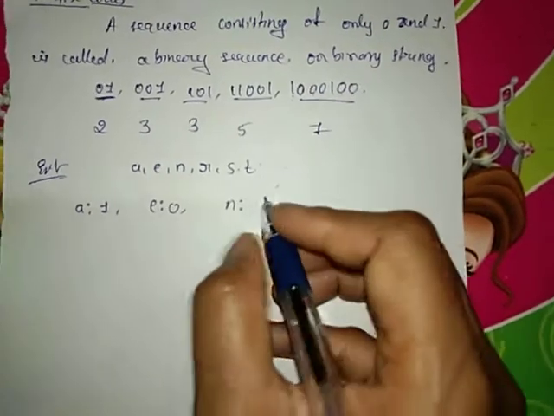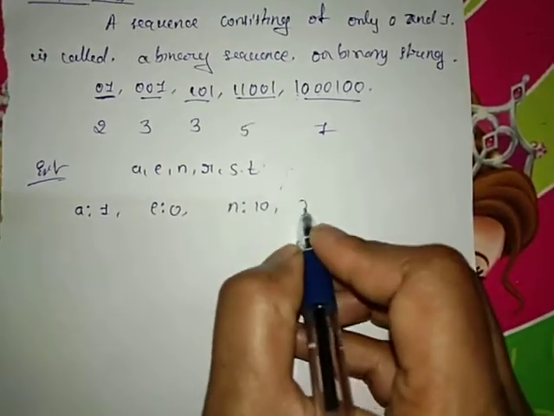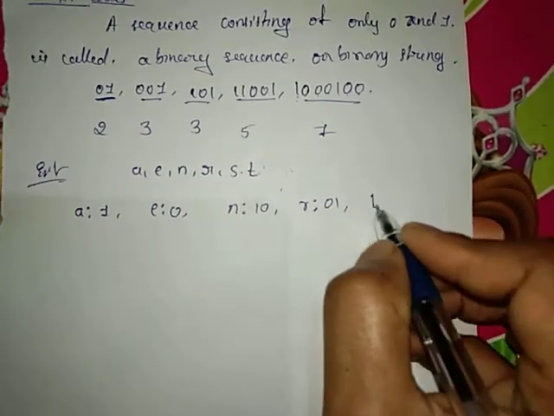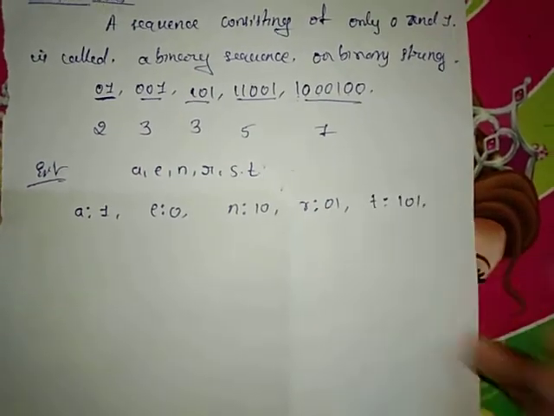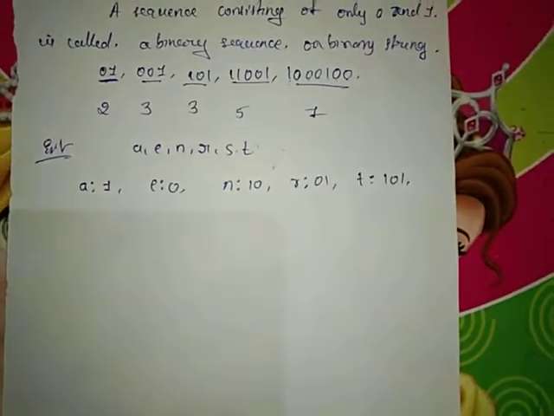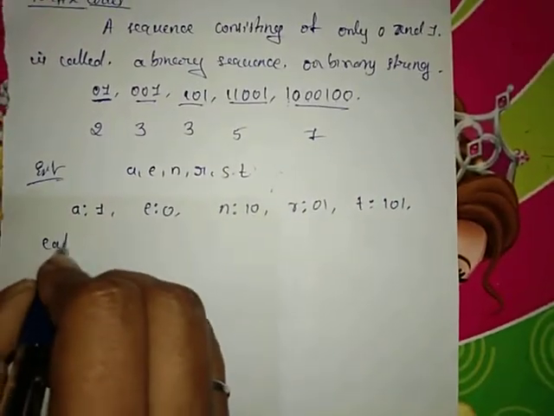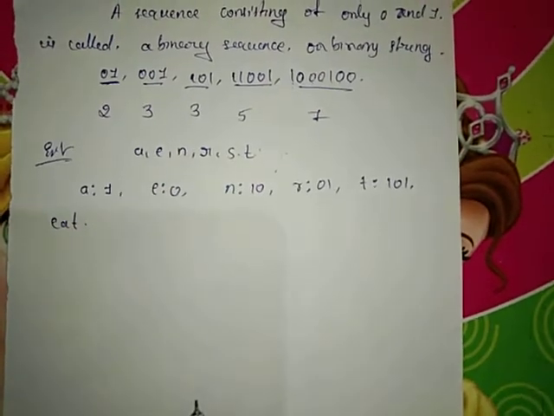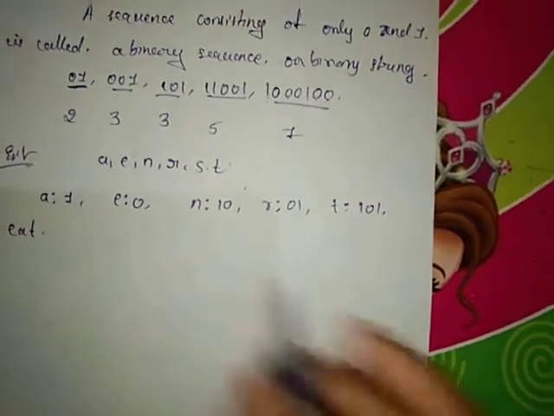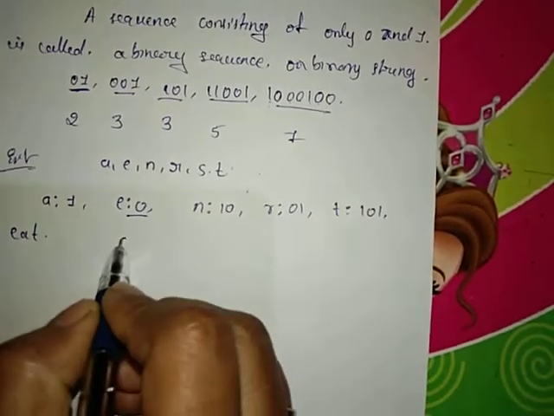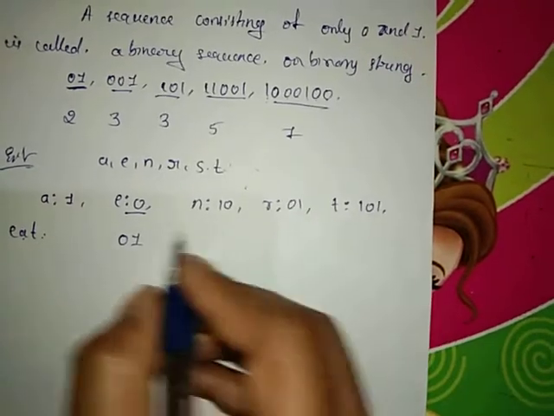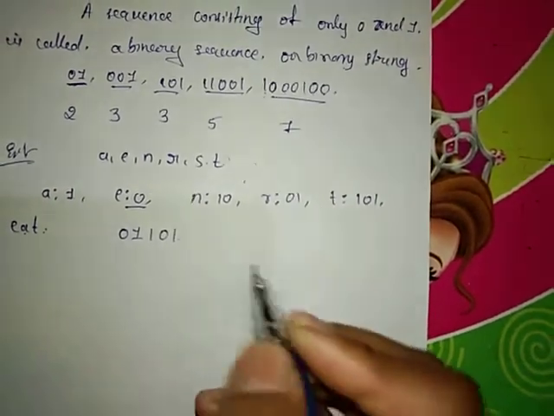For N, the code 10. For R, the code 01. For T, the code 101. Suppose I want to send the message EAT. E has the sequence 0, A has the sequence 1, T has the sequence 101.